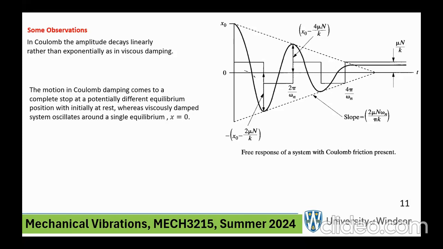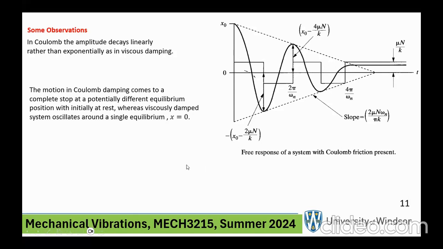It approaches the 0 position, the equilibrium position, exponentially or after infinite length of time. But in the case of Coulomb damping, after a while, actually it stops because spring force is not big enough to overcome the friction force.